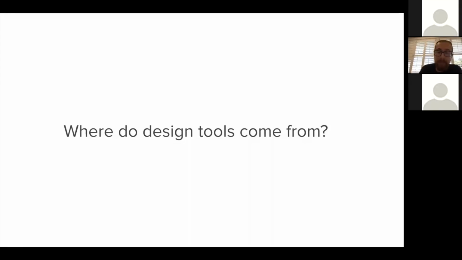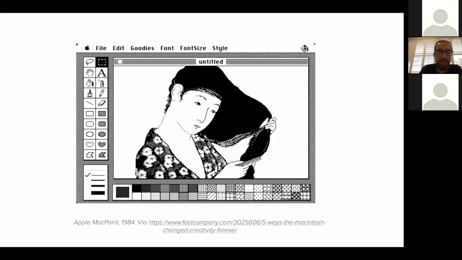But the first massively popular design tool out there was Apple Mac Paint, launched in 1984 with the first Macintosh. And it's quite fascinating that you can actually see the patterns when it comes to the tool set, all the little features, and also the interface that we still see in design tools today. You have all the selection of shapes, patterns, the stroke selection, different selection tools for objects.